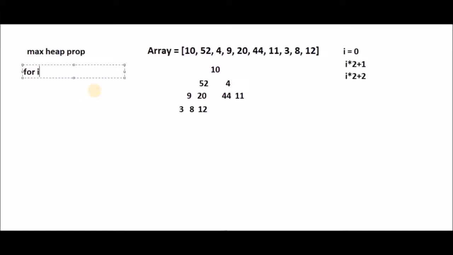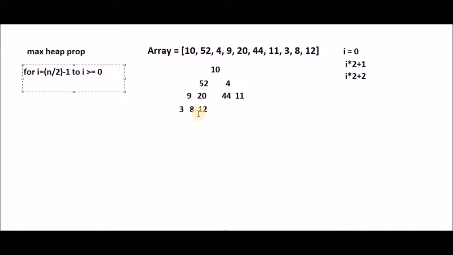So for i equals n by 2 minus 1, while i is greater than or equal to 0. So what we do here is, n is the size of the entire thing, that's 10, by 2 is 5, minus 1 is 4, so we start from 4, and in this we heapify.